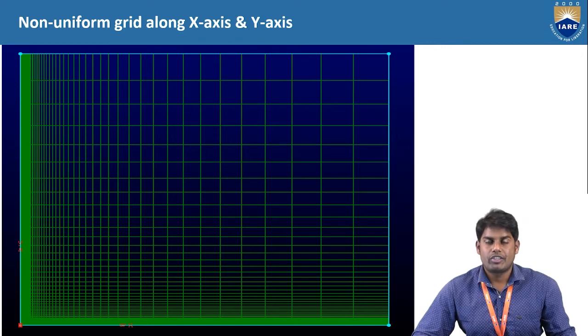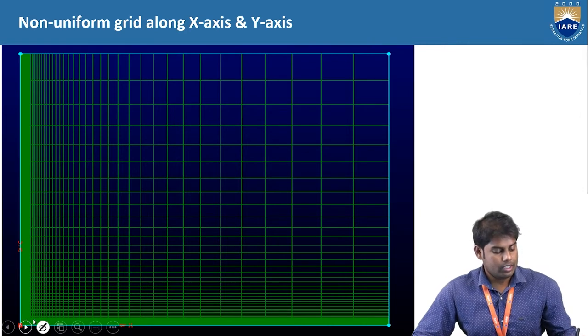This is a picture which shows a non-uniform grid along the x-axis and a non-uniform grid along the y-axis.